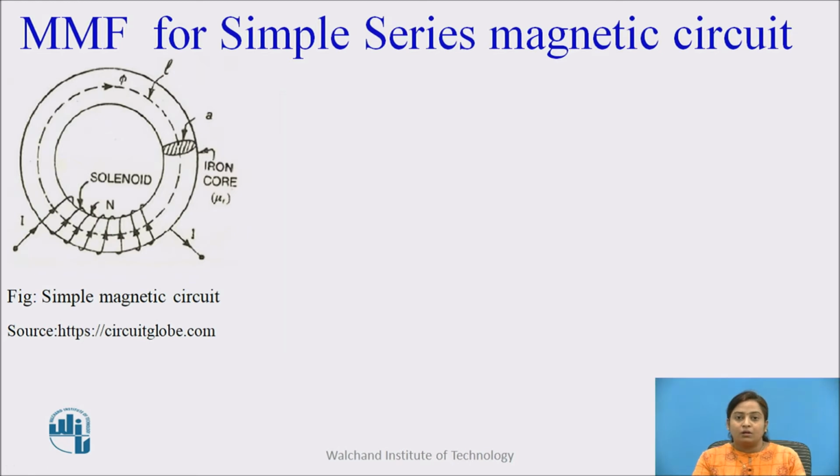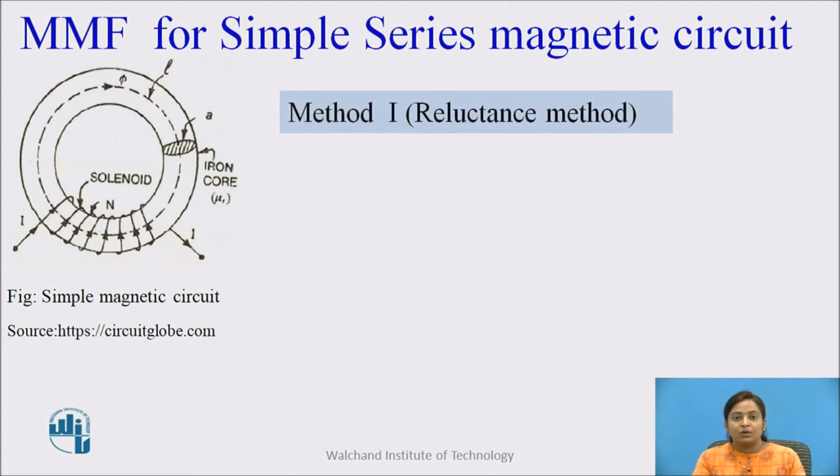Now, let us see how the MMF can be calculated for the simple series magnetic circuit. So, we can calculate the MMF by two methods. First method is by using the reluctance. Okay, so if we consider the reluctance parameter, then we can calculate the MMF. So, let us see how we can calculate.